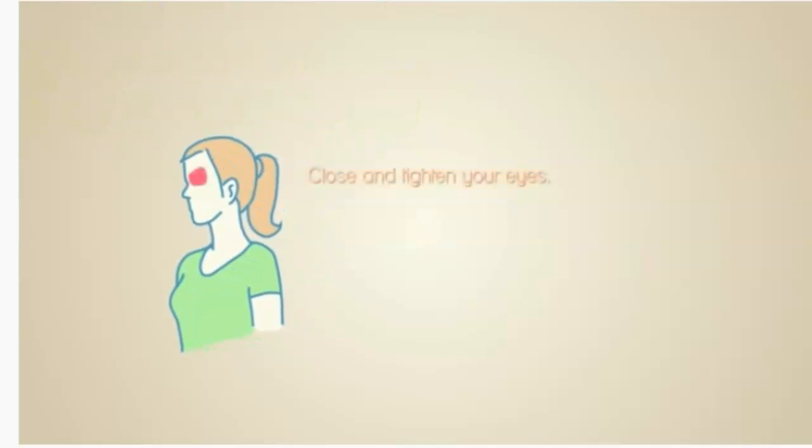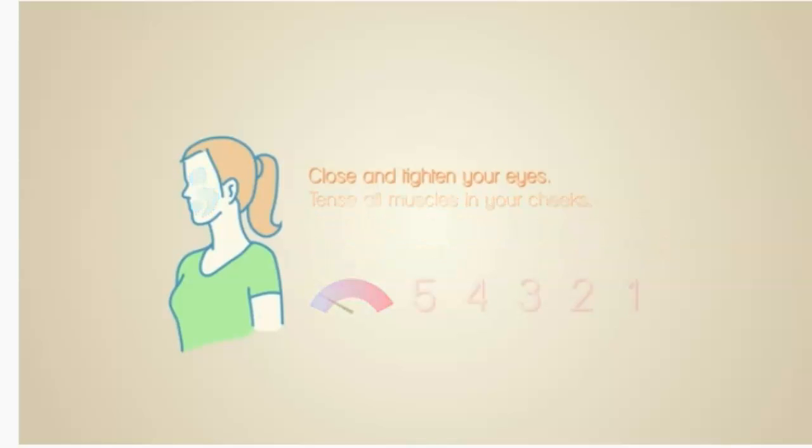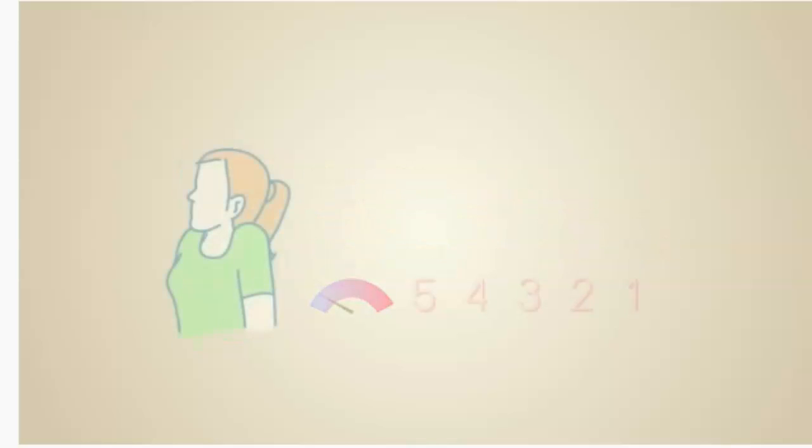Let's start with your head. Close and tighten your eyes. Tense all muscles in your cheeks. Tighten all the muscles around your lips. And press your tongue to the roof of your mouth. Hold that tension for 5, 4, 3, 2, 1. Quickly release and relax. Now your shoulders, chest, and back. Raise your shoulders to your ears.